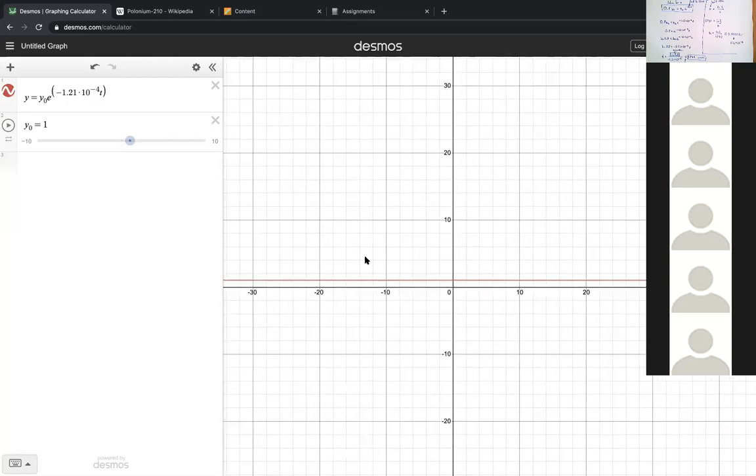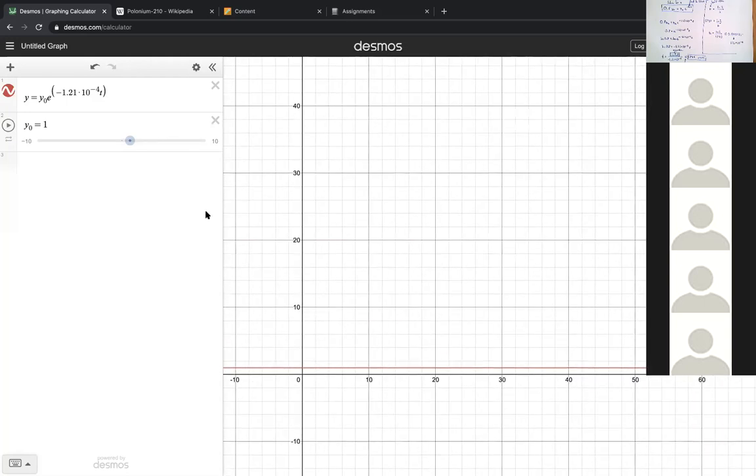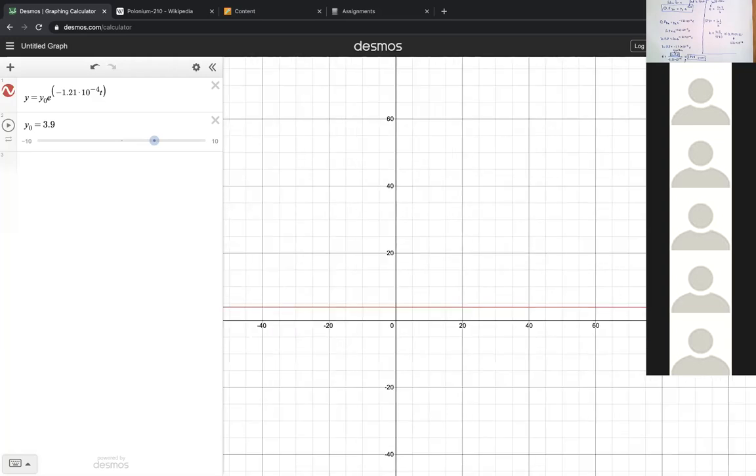Okay, so what I did was I added a slider for y0, the initial amount. And if we change this, we'll have to zoom out pretty far in order to see anything interesting, because you might remember the half-life is over 5,000 years.